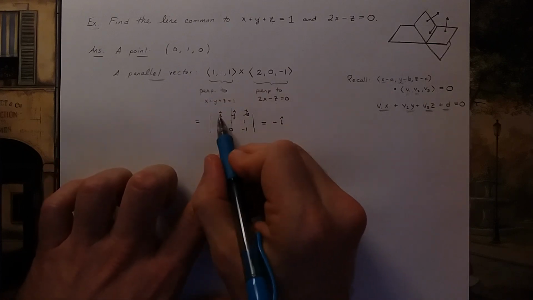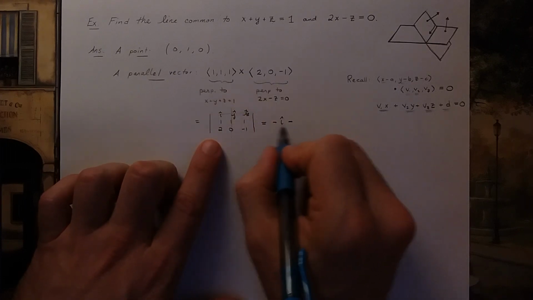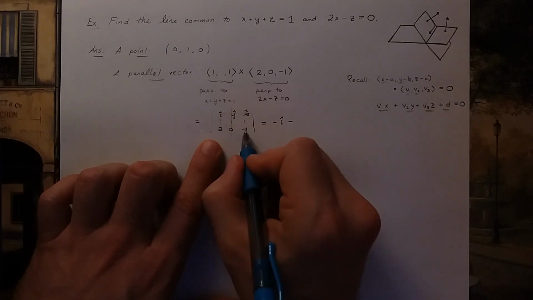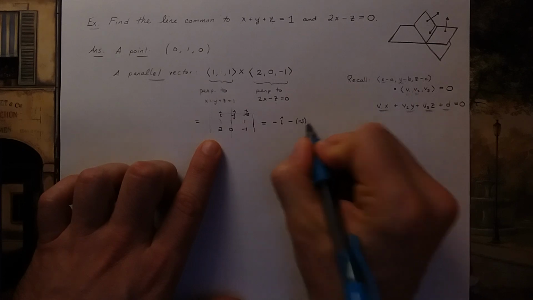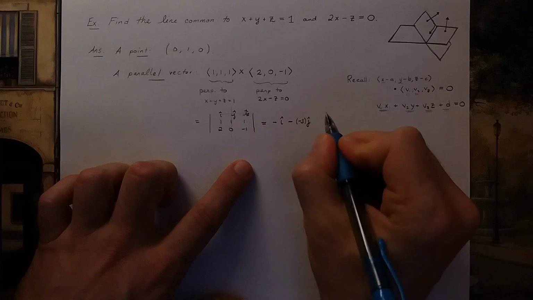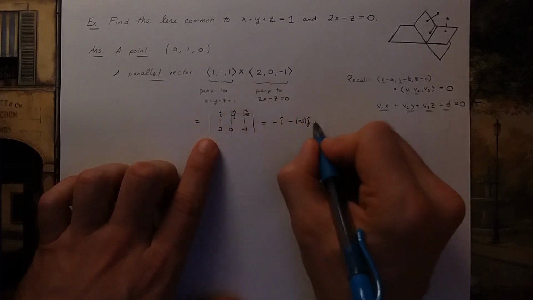The coefficient in front of j hat, remember there's an extra negative sign in the definition of the cross product. So it looks like I get negative 1 minus 2, so negative 3 j hat. And then the coefficient of k looks to be negative 2.